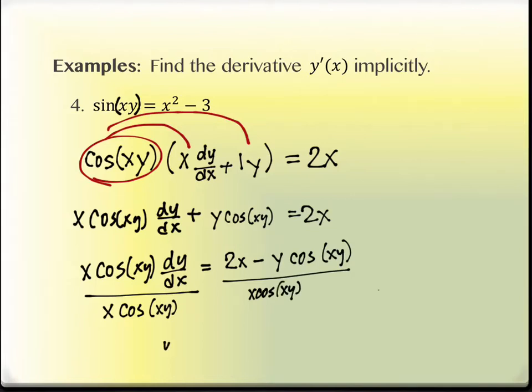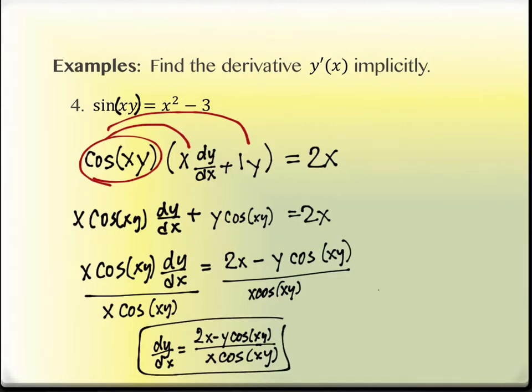So one possible answer here is dy/dx equals 2x minus y cosine of xy, divided by x cosine of xy. Let me show you one other possibility.